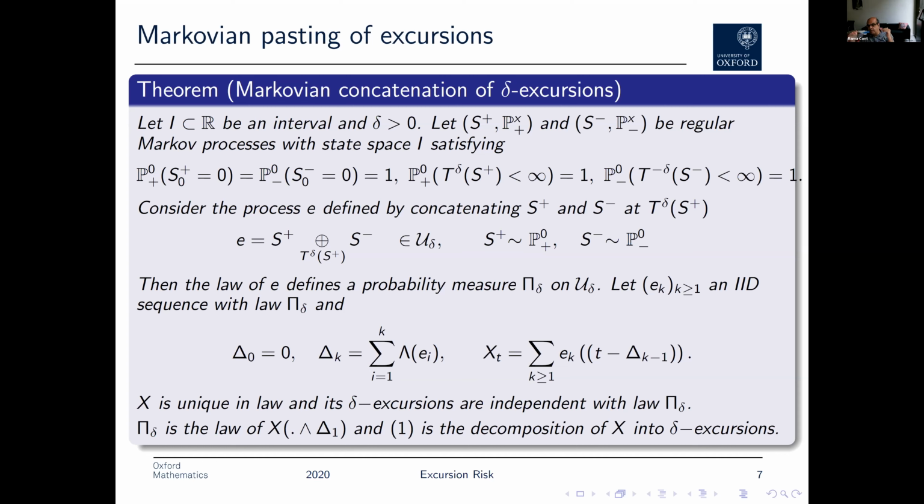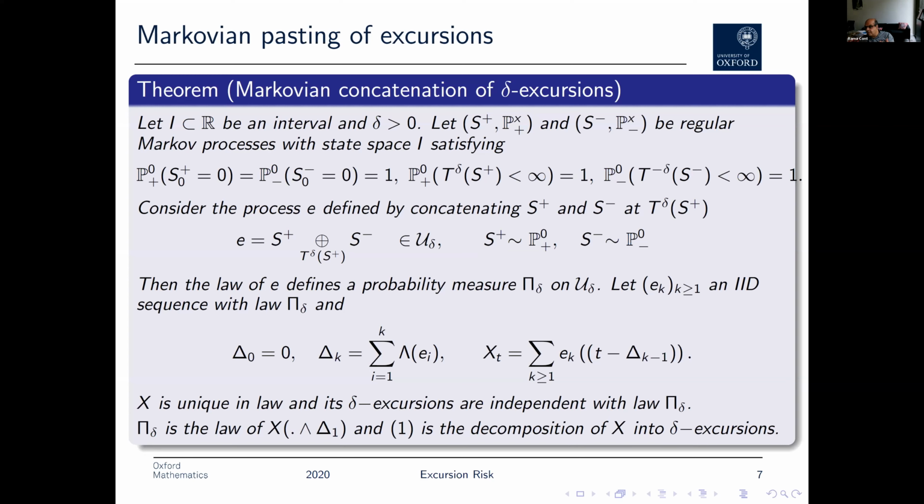If I say a point X is between 0 and delta, if I visit this point during the up phase, the transition probabilities from that point will be determined according to S plus. Whereas if I visit that point during the down phase, the transition probabilities will be determined according to S minus. So it means that the transition probabilities do not depend just on the starting point, but also on which phase I'm in, plus or minus. So there is some path dependence here.